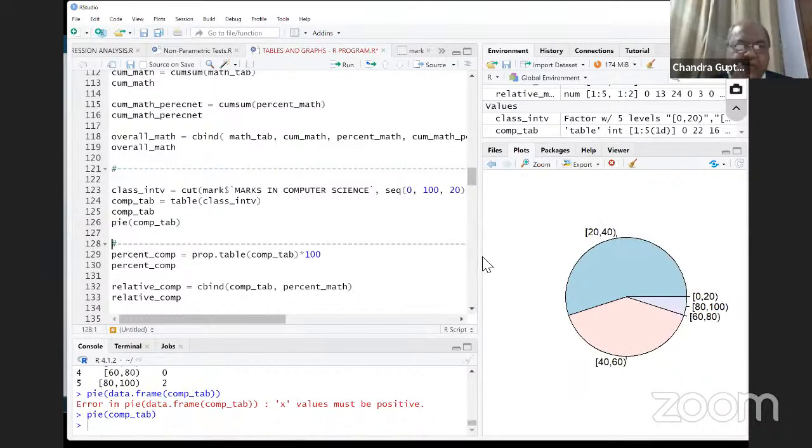Then the pie chart we get is for the computer science marks frequency distribution. Very simple.